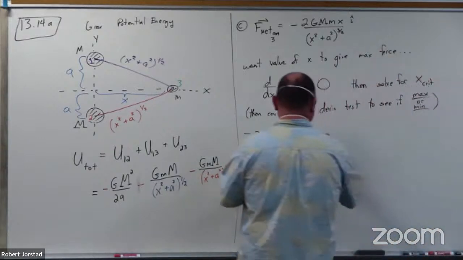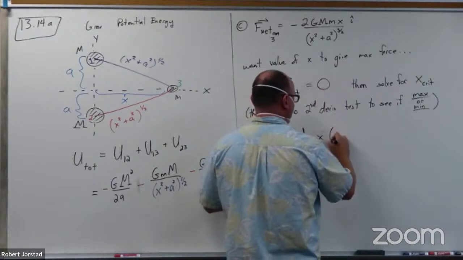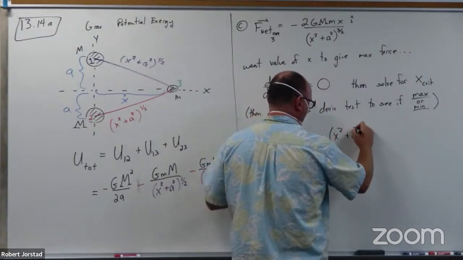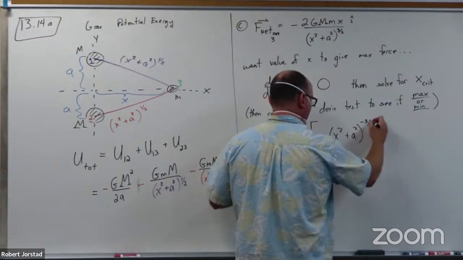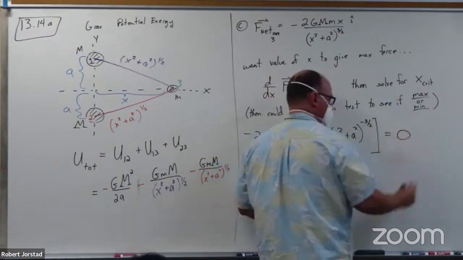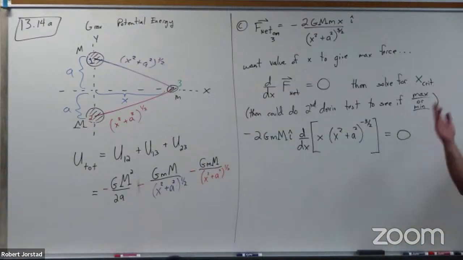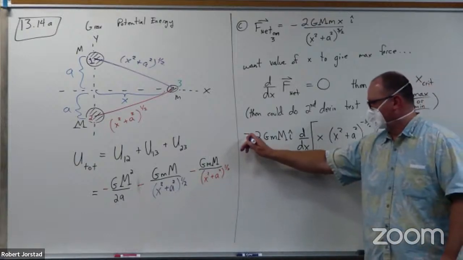So what I'm going to do is I'm going to say x times x squared plus a squared to the -3/2, like that. And when you do this, the rest of the problem does itself. It's just boring. You could use Wolfram Alpha in the real world.